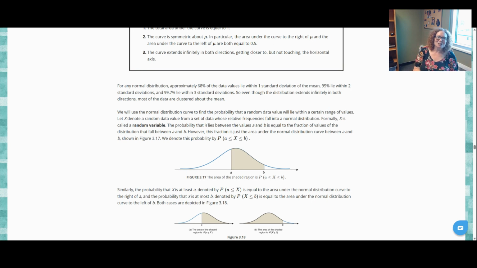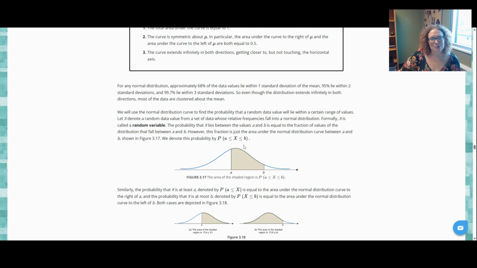So the probability that x lies between the values of a and b is equal to the fraction of values of the distribution that fall between a and b. We're going to get to that. Just remember that.